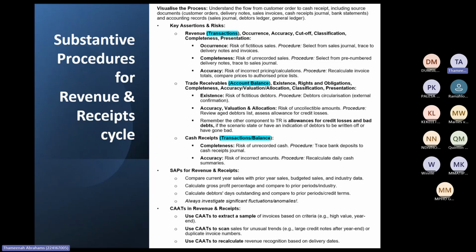You will inspect the bank statement as of December year end. And that bank statement will show the 3 million. So that's the balance, and that would be accuracy, valuation, and allocation.